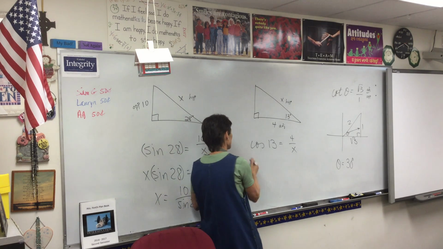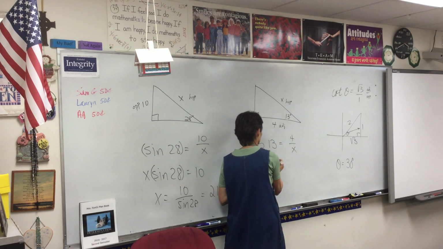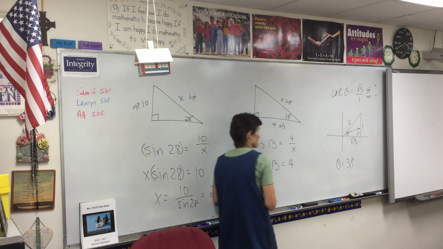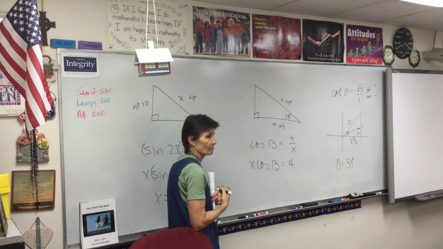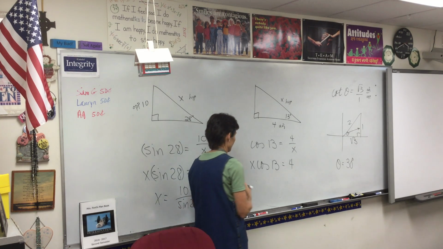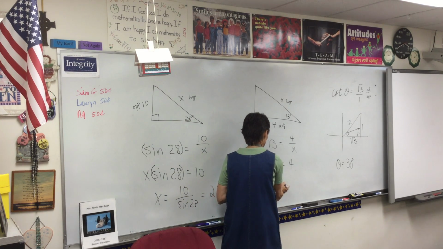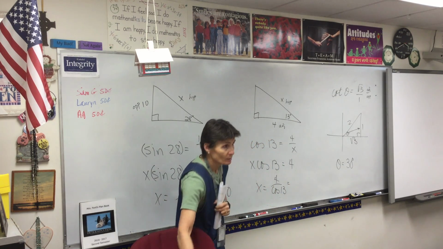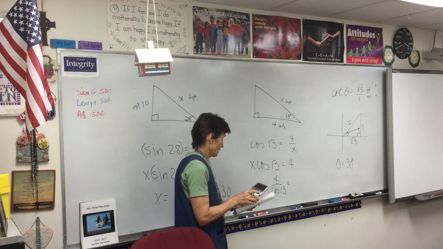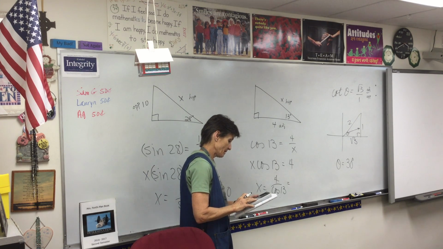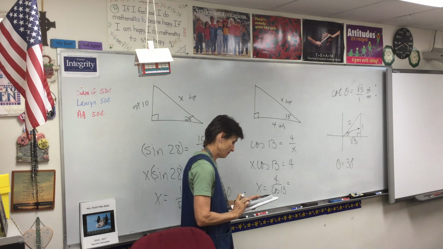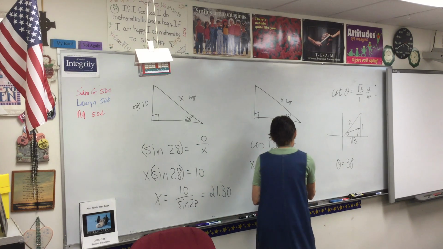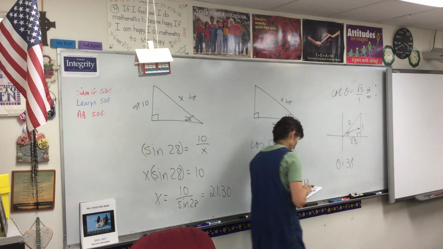If it's on the bottom, you got to bring it over. And then divide. Everybody follow that? It's just like the last one. So 4 divided by cosine 13. 4.11.